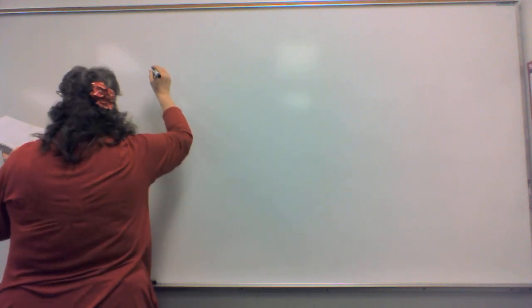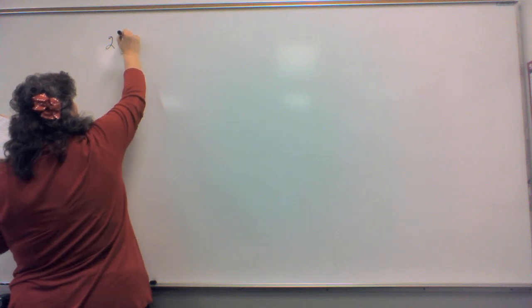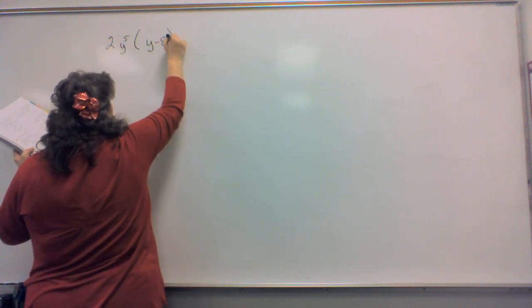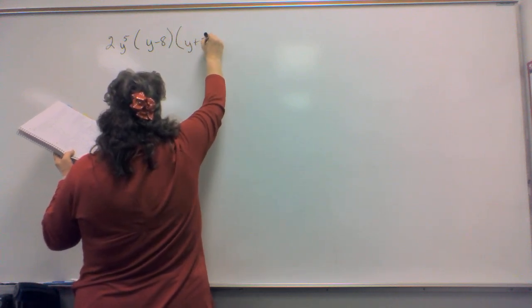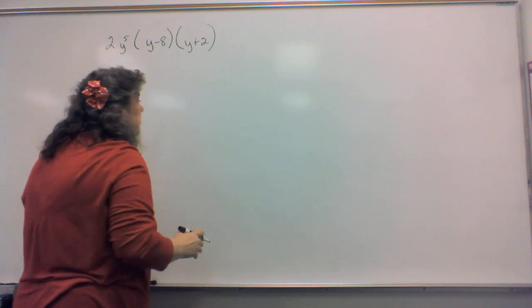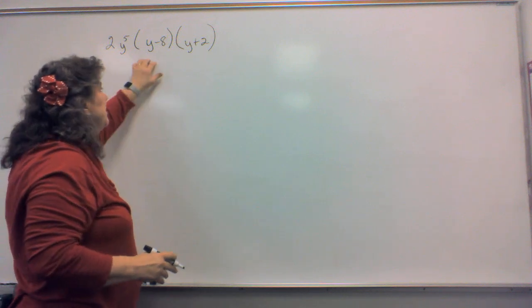So now let's look at three factors. 2y to the fifth times y minus 8 times y plus 2. Now remember, you can only multiply two factors at a time. And we have three factors.